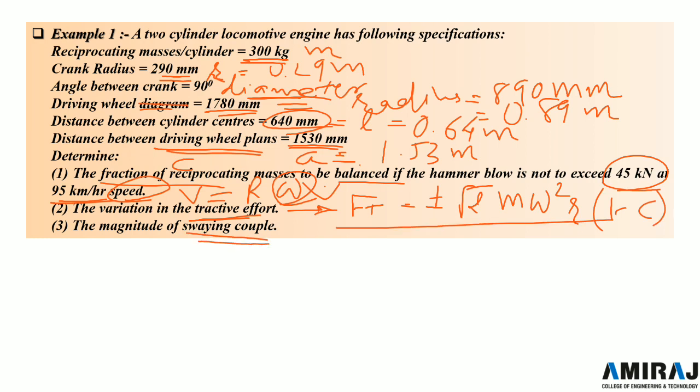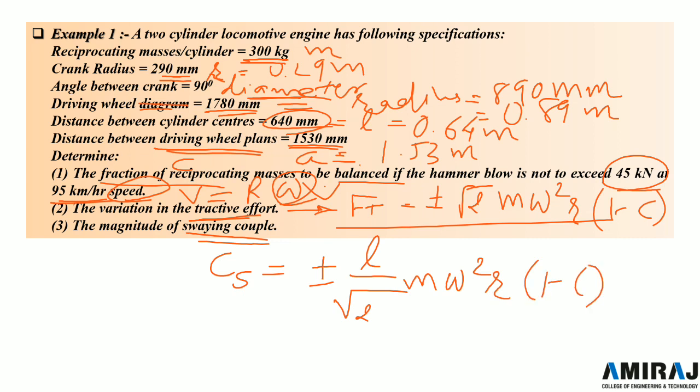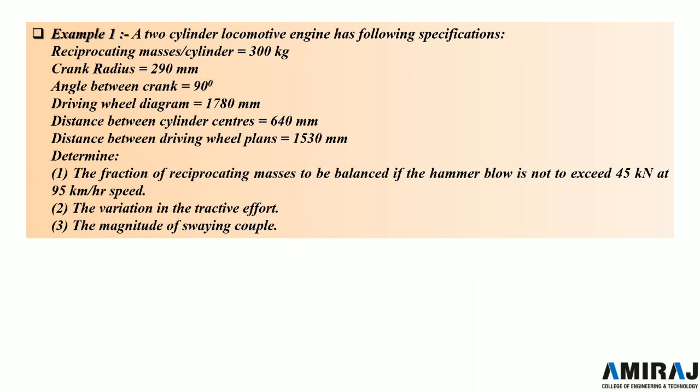The third thing we have to find is the swaying couple, that is given by Cs, and the equation for that is plus or minus l by root 2 m omega square r (1 minus c). And the hammer blow equation is the vertical force, that is m omega square r, with the balancing mass and the balancing radius. So we will use this and find our solution.